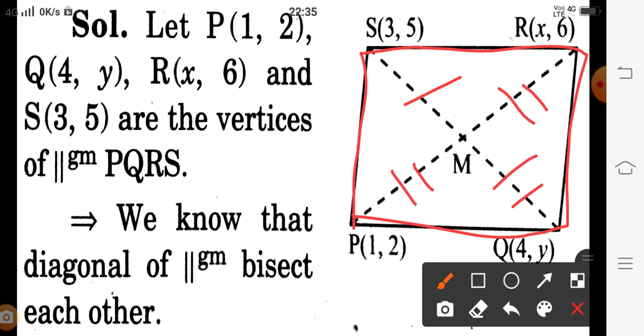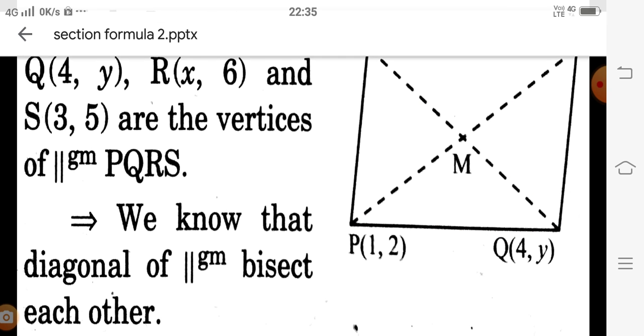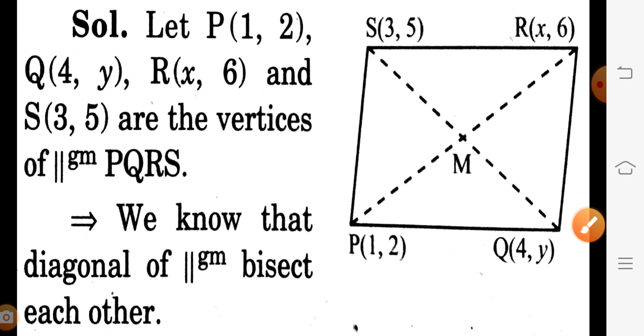Because it divides the line segment into two equal parts, it means that yes, M is the midpoint of QS and M is the midpoint of PR.